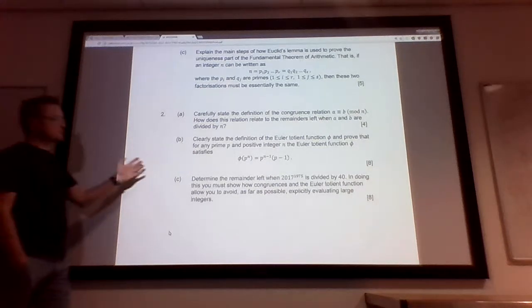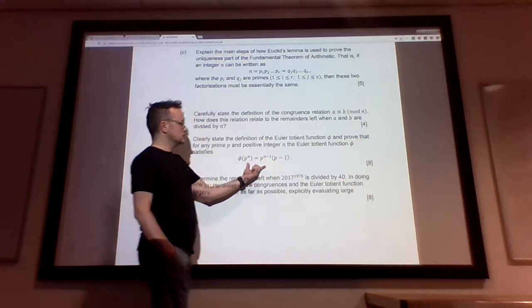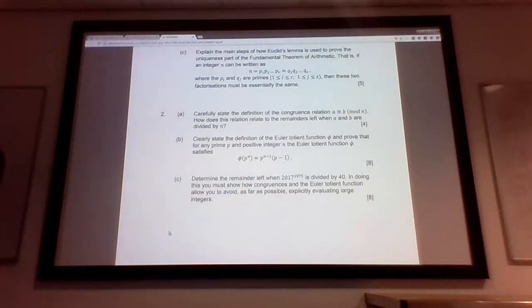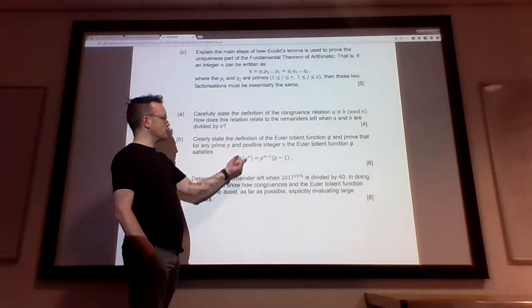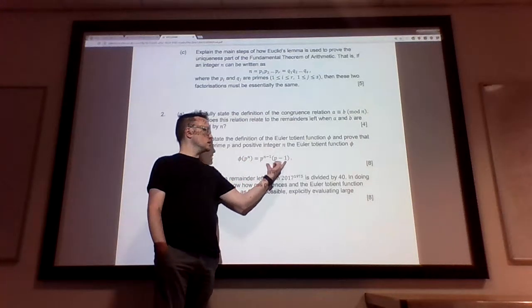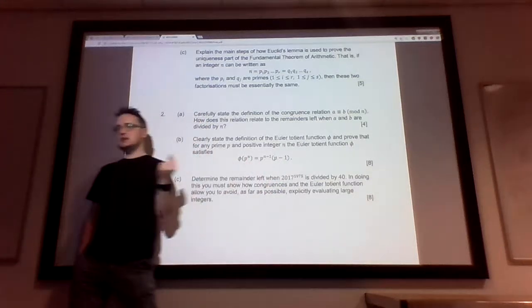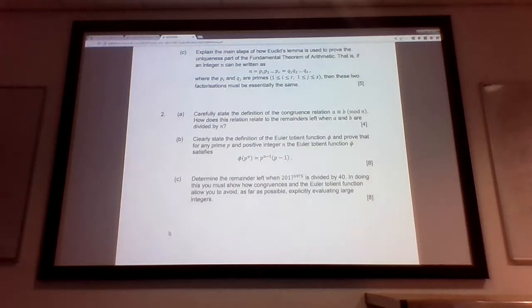Part B is a proof question. This was one of the parts of establishing the multiplicative formula, namely that phi of a power of a prime was p to the n minus 1 times p minus 1. He did that using a counting argument.